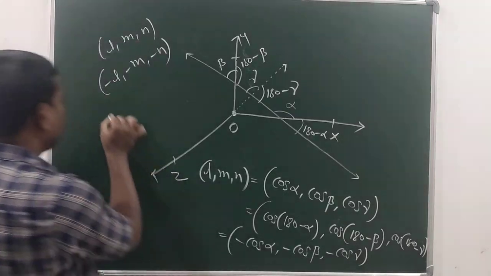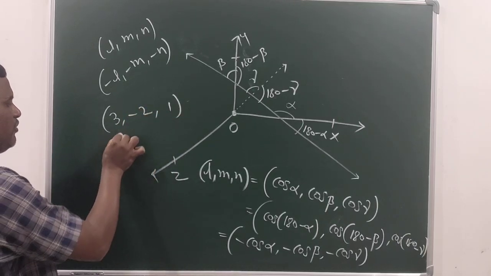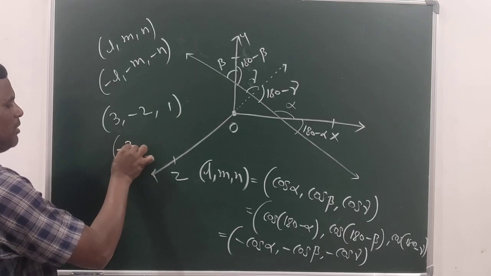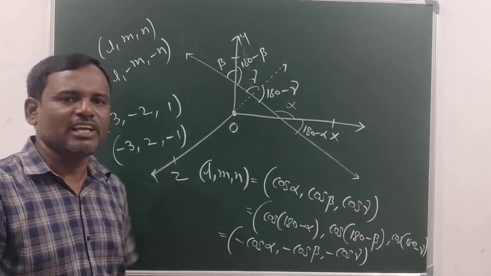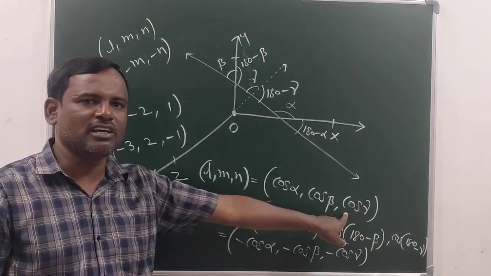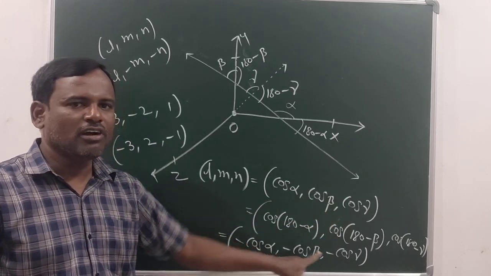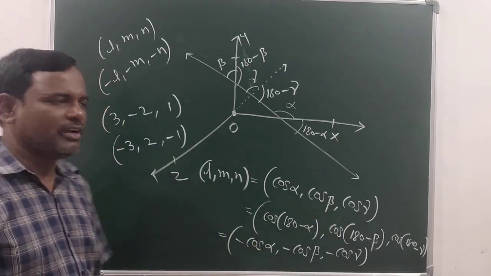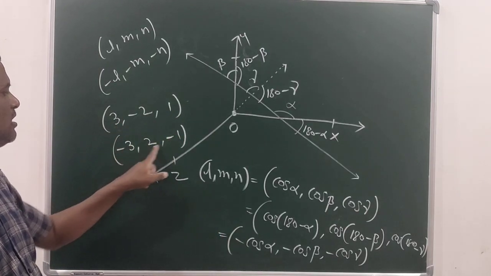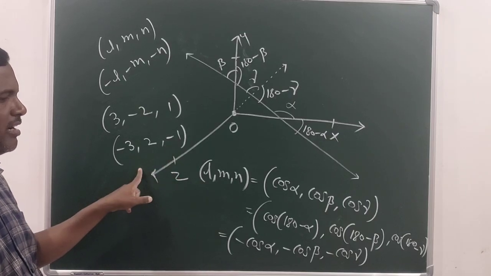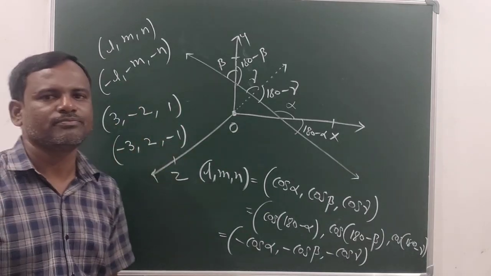Okay, suppose the direction cosines of a line are like this: 3, minus 2, 1. If you multiply these three by minus, you get minus 3, plus 2, minus 1, which are also direction cosines of the same line. Observe here: cos alpha, cos beta, cos gamma. When you multiply all of these by a minus sign, you get direction cosines of the same line, no? Hence, if the direction cosines of a line are given like this and you multiply the three by minus, you get another triad, and that also represents direction cosines of the same line.